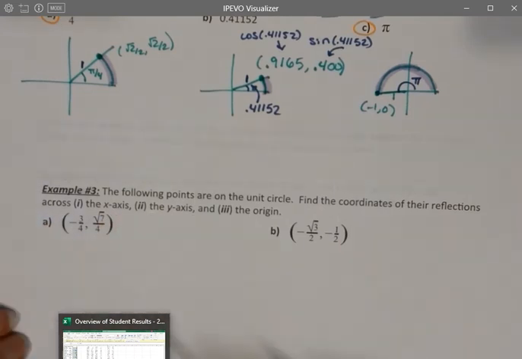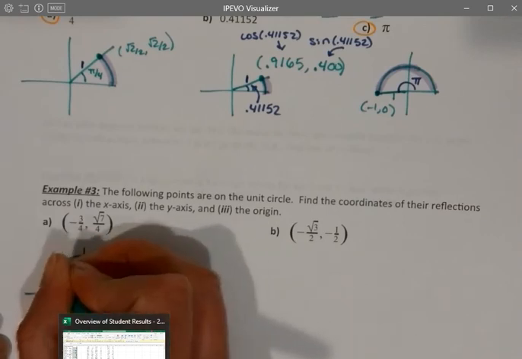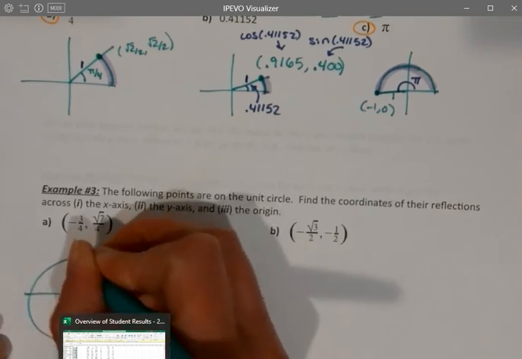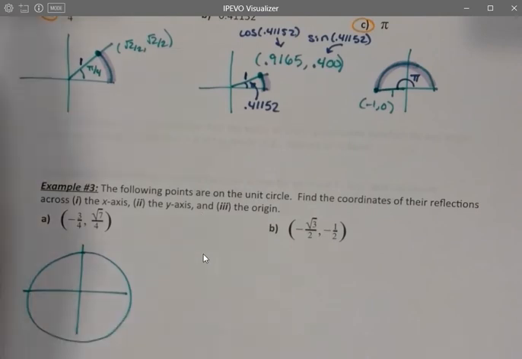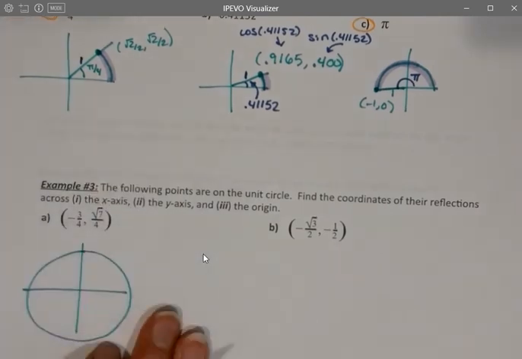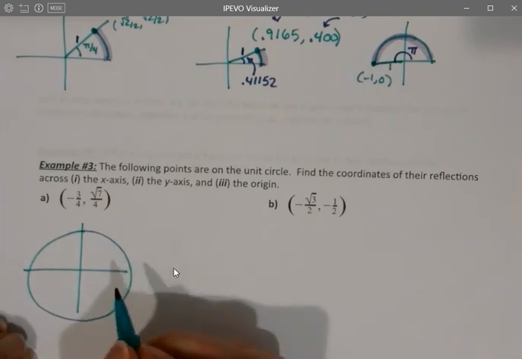Sure. Okay. So I'm going to draw in these points. So let me draw in the unit circle. That's a circle that has radius 1. And then I just want to label this point first of all.